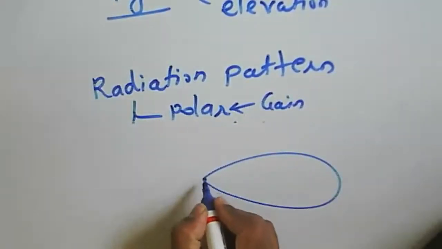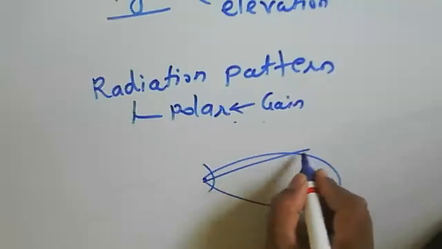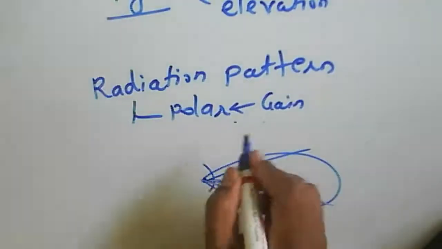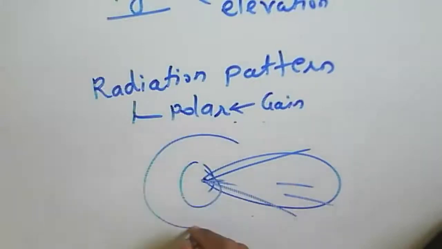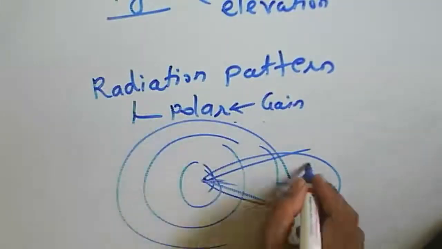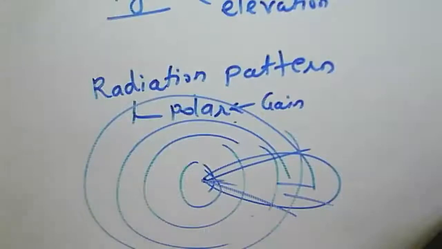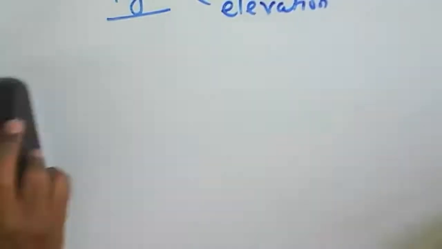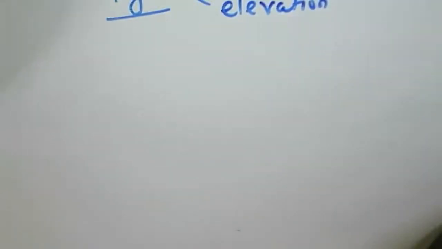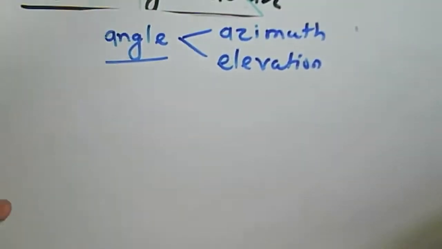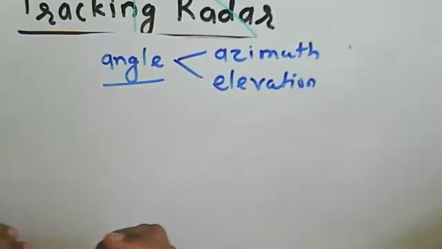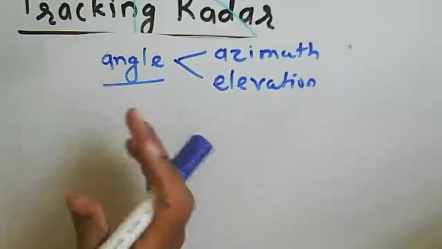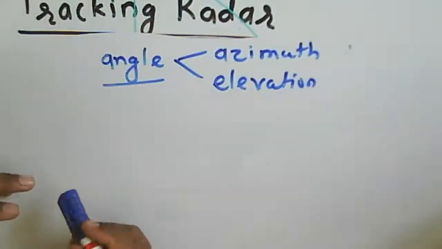So in that case these are nothing but the angles in degrees, and then we are getting the radiation pattern for this, and these are nothing but the amplitude, or we can say the gain of this pattern. So we can find out the pattern first from a given target, while determining or locating the target.